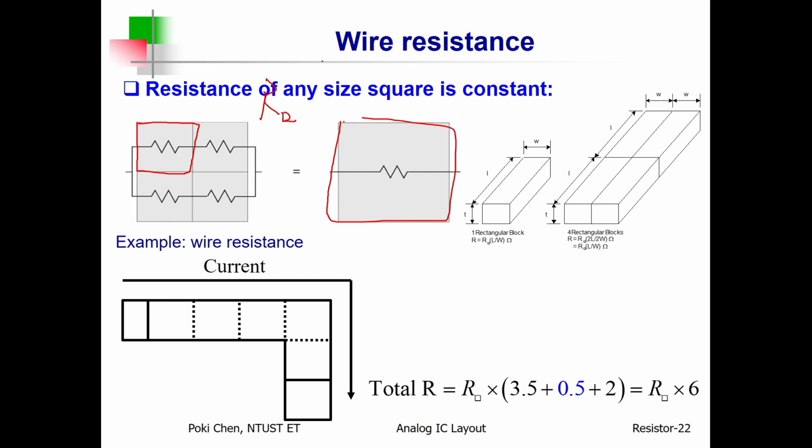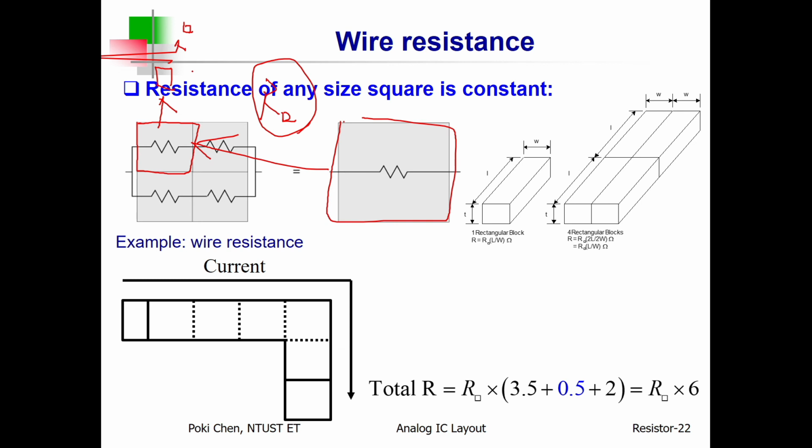You may think, oh, it means I can reduce the layout area but still keep the same resistance. Is it correct? Yes. Then you can do it again and again, to become so small, even smaller. Does it make any sense? No.